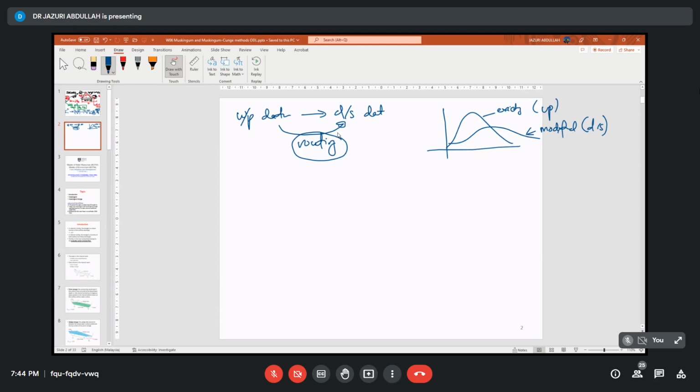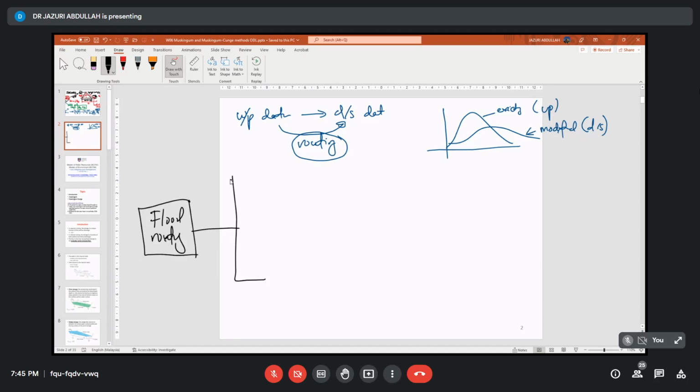Okay, tapi sebelum kita pergi ke arah equation ataupun kaedah apa yang perlu diguna pakai, kita kena tahu dalam flood routing ni dah ada beberapa aspek. Okay, so dalam flood routing sendiri dah ada beberapa kaedah. So dalam flood routing ni kita pecahkan kepada dua.